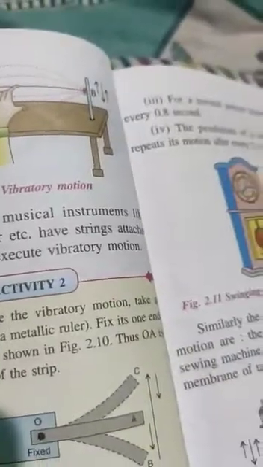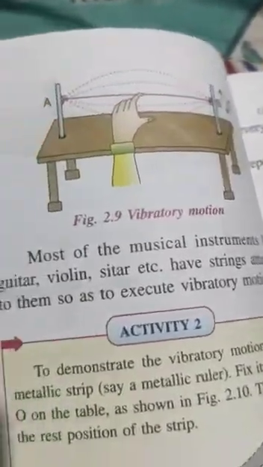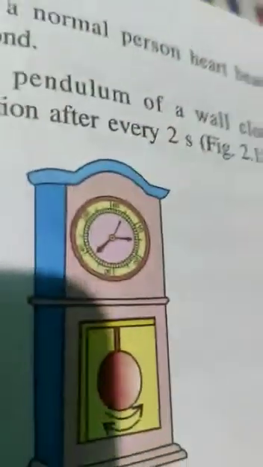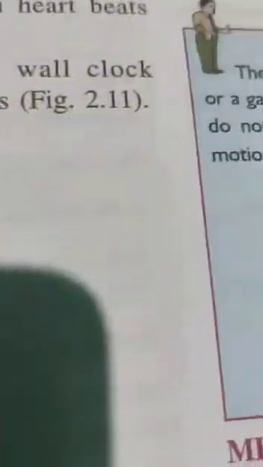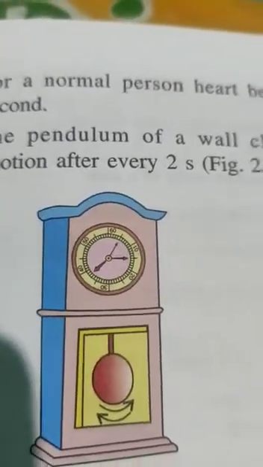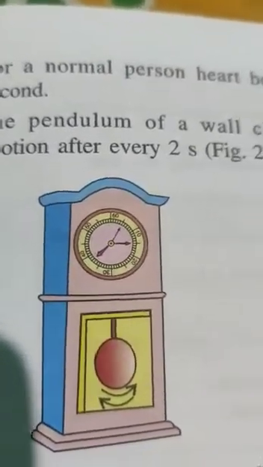Now what is periodic motion, children? You can see in this picture, a motion which gets repeated after a regular interval of time is called a periodic motion. Many examples are there.